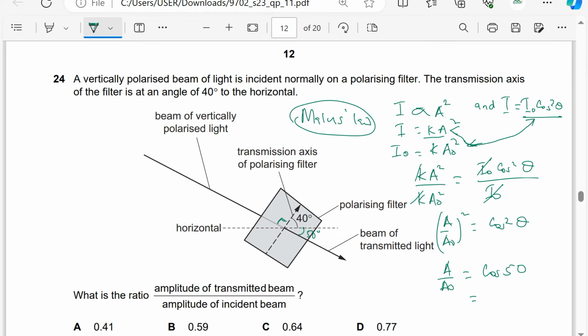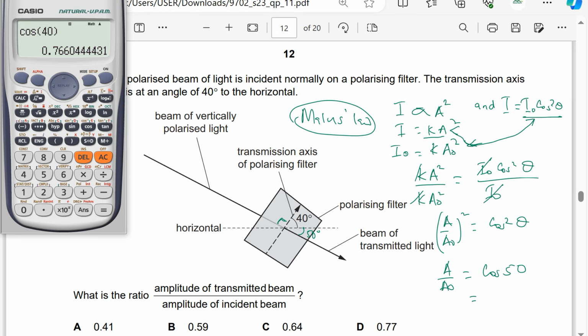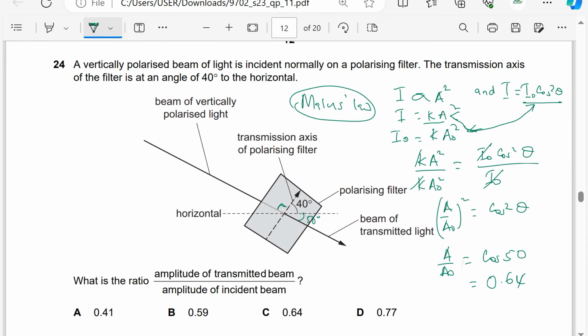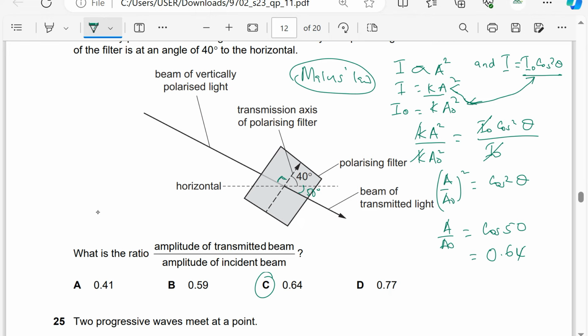So A over A naught is going to be equal to cos of 50, which I think is 0.64. Alternatively, we find cos of 180 plus 50, which is 230? No, this angle would be 50, so this is 50 plus 180, which is 130.